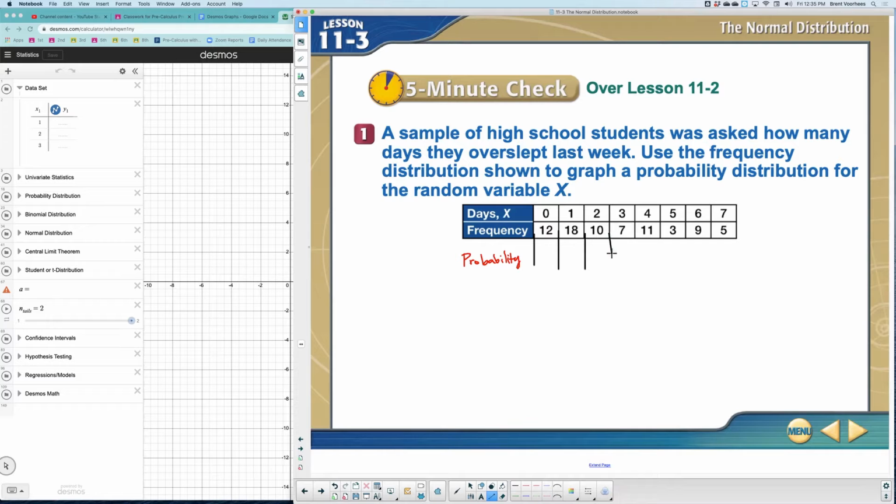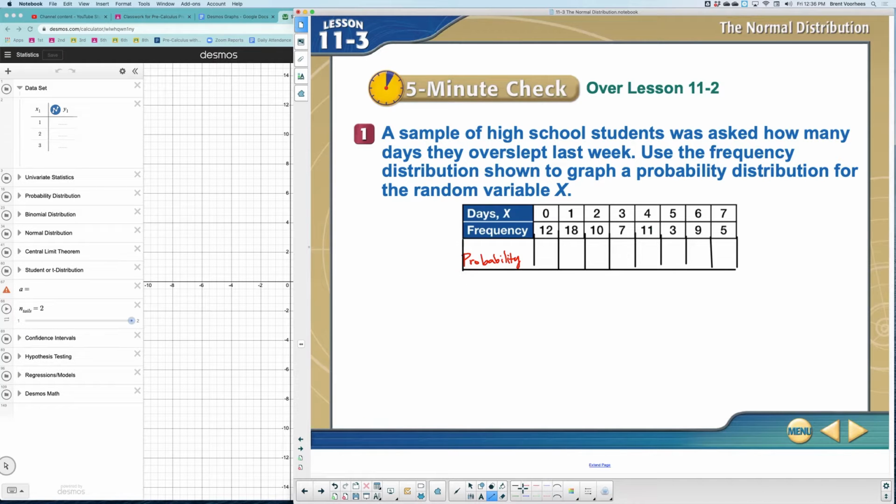What we need to do is come up with the sum. So we could use the calculator or even just add them across. 12 plus 18 is 30, plus 10 is now 40, plus 7 would be 47, plus 11 would be 58, 61, 70, 75. I believe we have a total of 75 here.